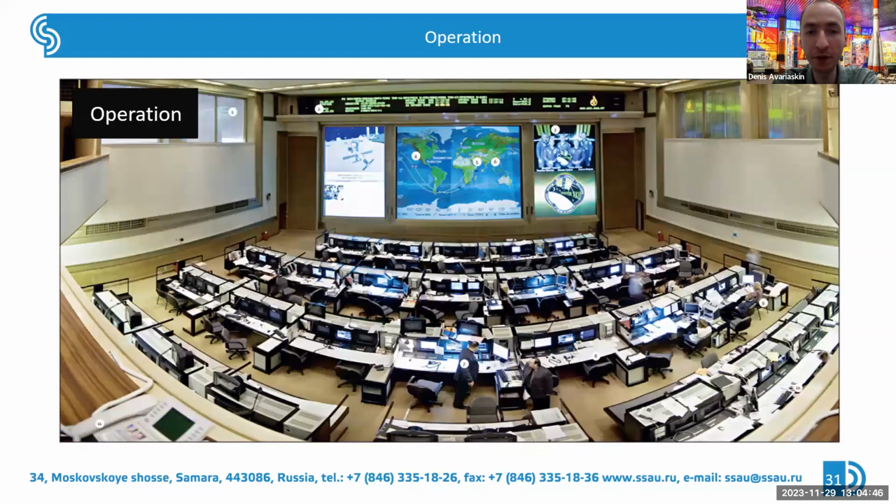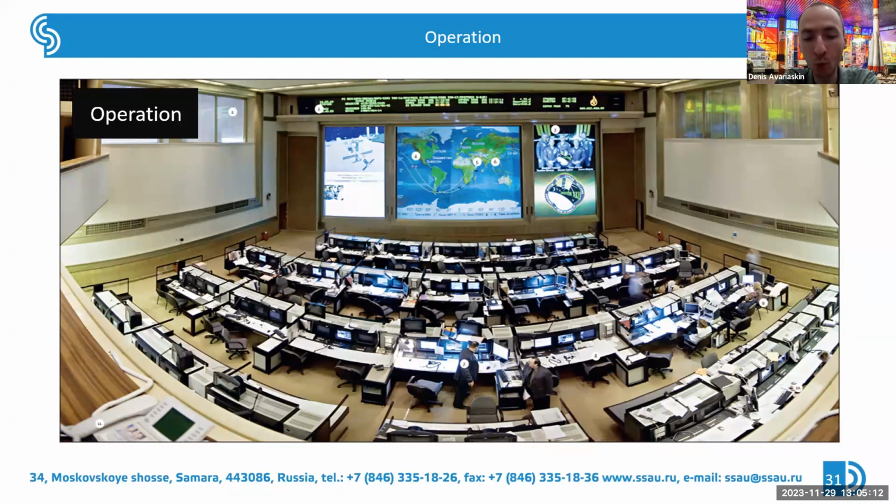And after that, when the satellite is already in the orbit, the next step is operation. We teach our students how to work with satellites when they are already in the orbit. How can we receive information at the ground station? How can we process all the data that we get from the satellite?